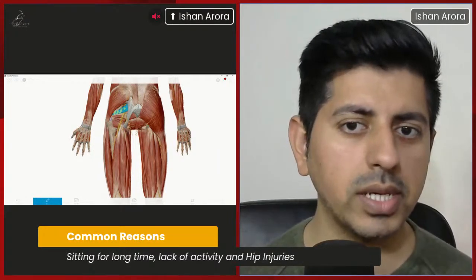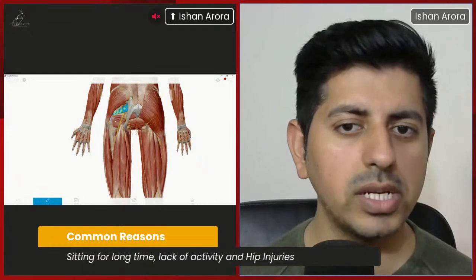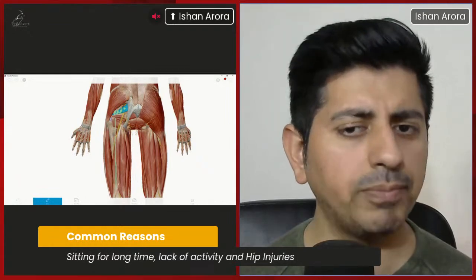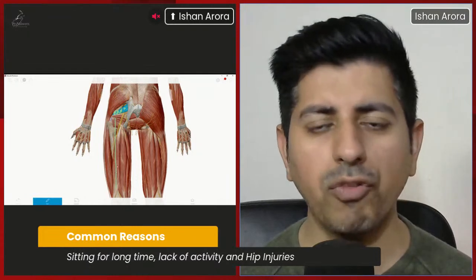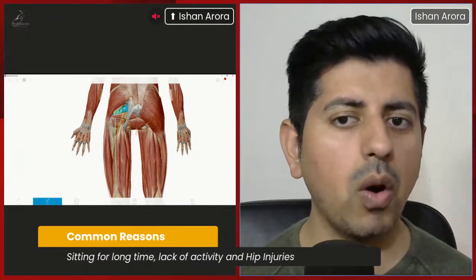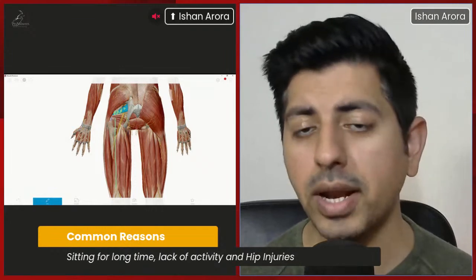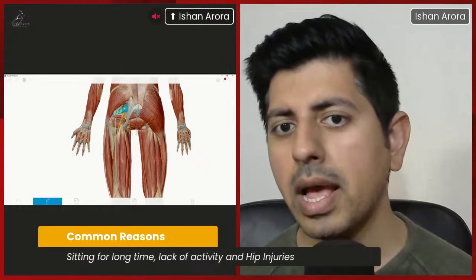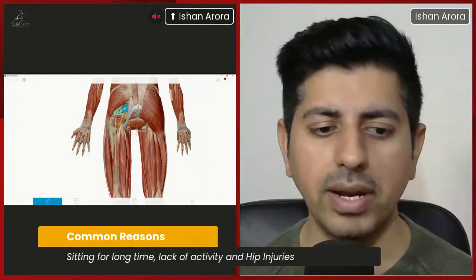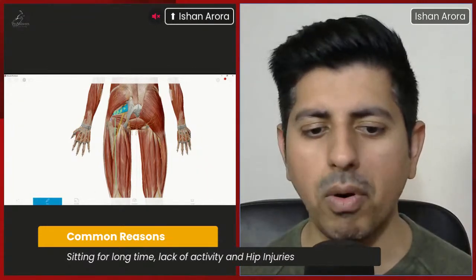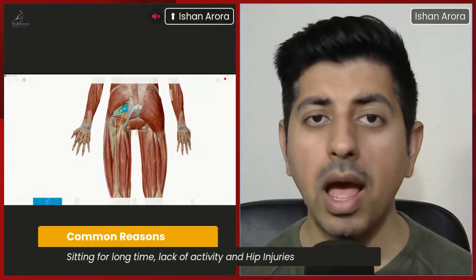Especially in this case, sometimes these trigger points refer the pain down the leg. So it's important to understand the reason for the pain around this area. This muscle sitting on top of the sciatic nerve can start irritating and compressing the nerve, and you may feel the pain traveling down the leg. Very important for us to understand.